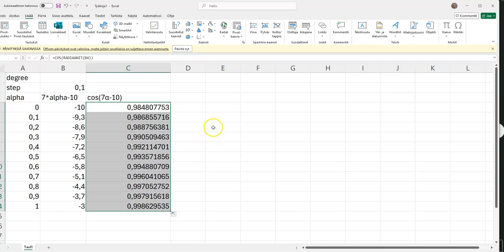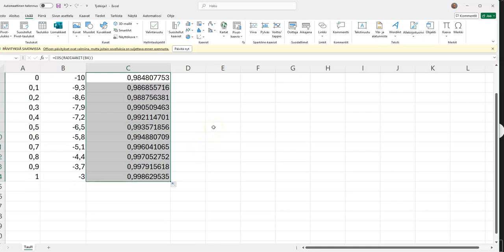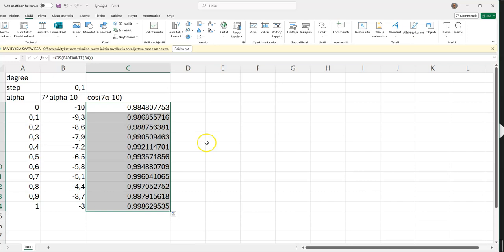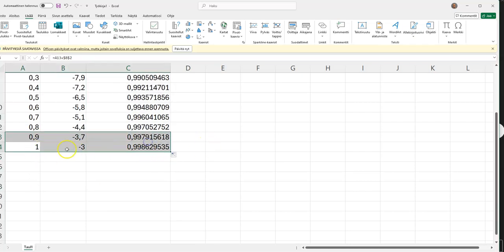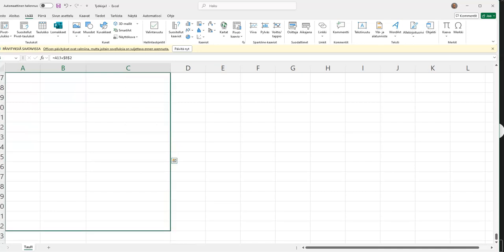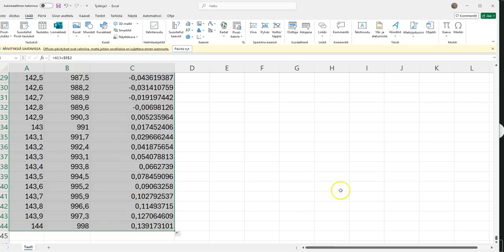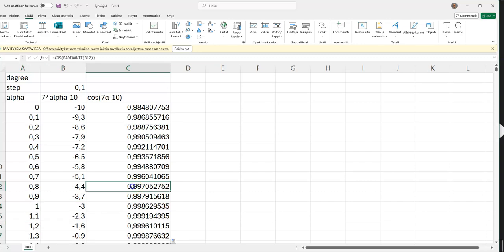Do I find that kind of values there? No, not that. We are not even near. So I will copy this. These all have formulas, so I can copy that and take enough. I will move downwards and then check what I found.